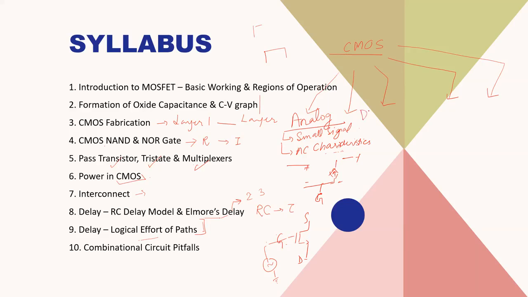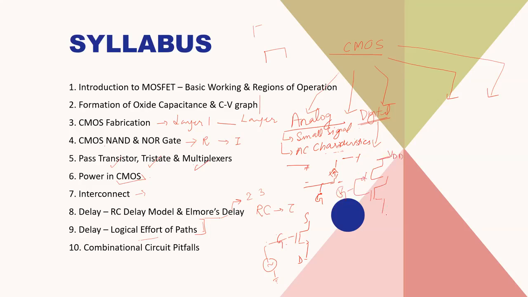Okay, so another flavor that I can say is digital CMOS, which is definitely what we'll study in this course also. In digital CMOS, what do we study? I mean, what all have we studied till now? OR gate, AND gate.